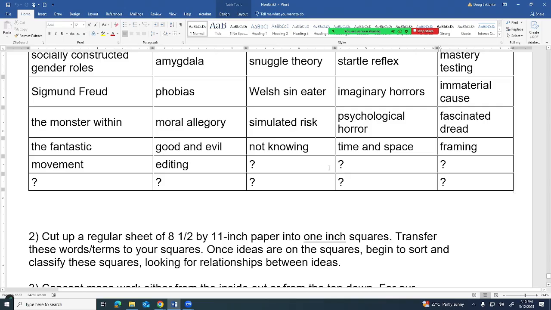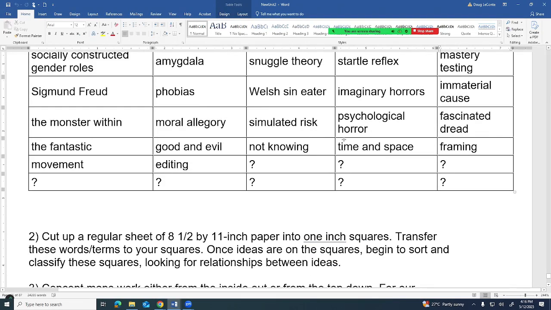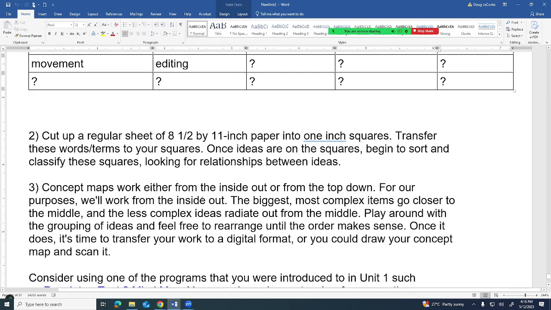Try to put down all those things that you can remember that are maybe not included here. All right, so then you have these all organized into a nice little pattern. In step two, you cut up a regular sheet of 8.5 by 11-inch paper into 1-inch squares. Transfer these words and terms to your squares.